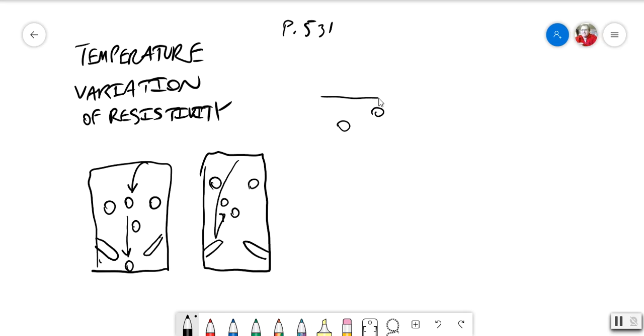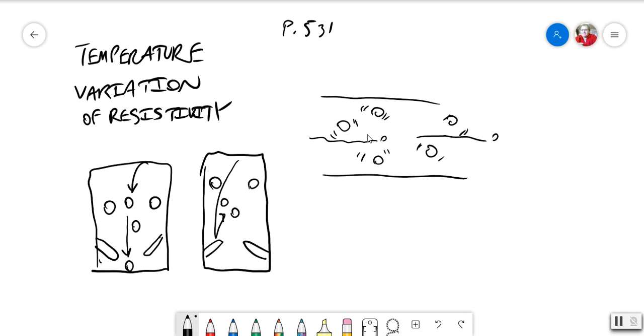Here's a wire, and here are the atoms of the wire. And you know they're vibrating. That's what heat is. Now, electrons are coming through. That's what current is. The vibration of the atoms might interfere with the electrons occasionally, not so much.